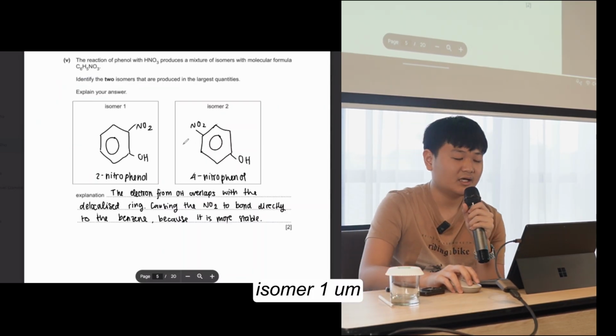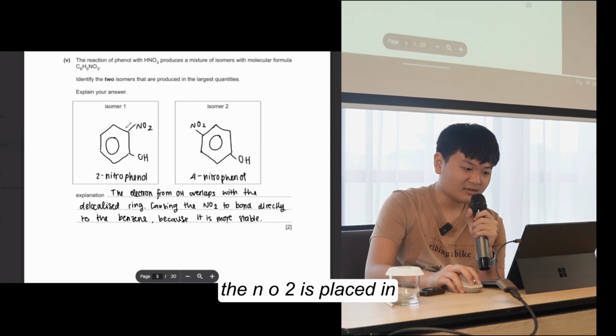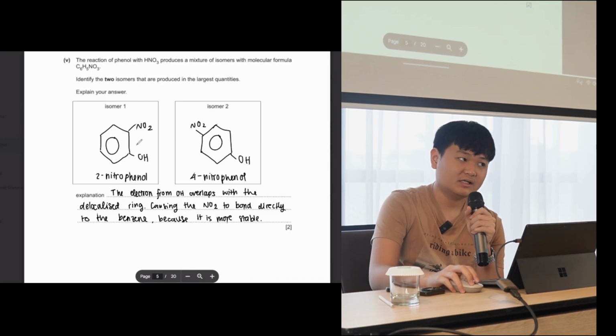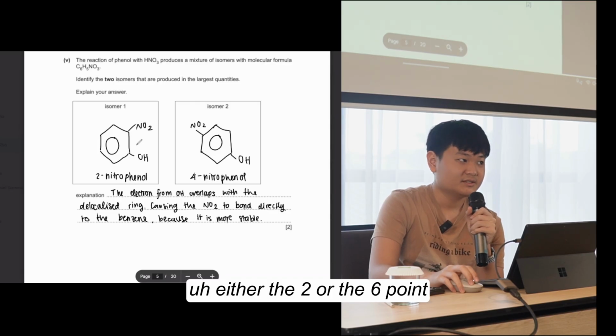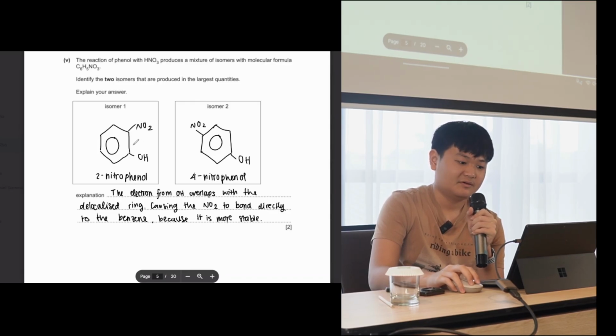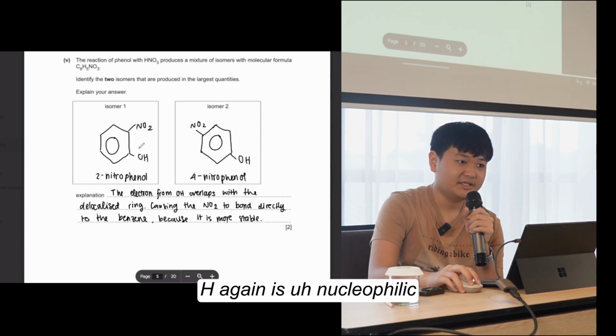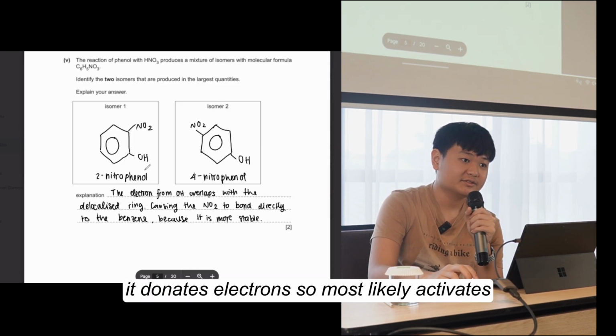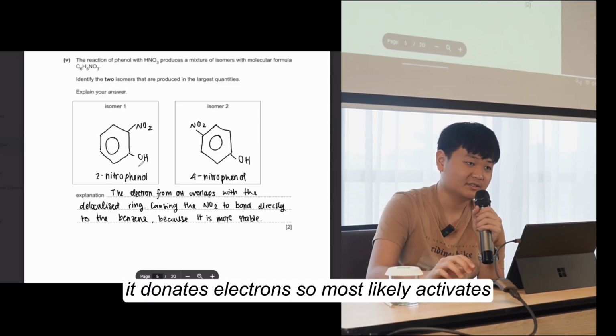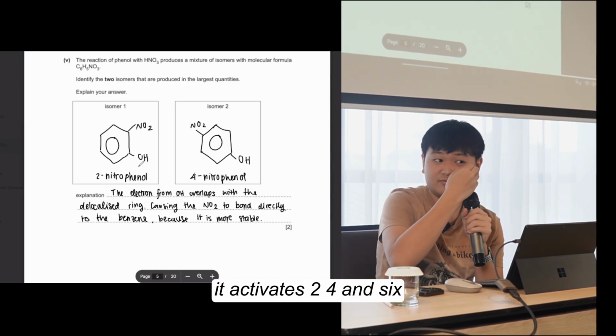Isomer 1, the NO2 is placed in either the 2 or the 6 point of the benzene ring, because OH again donates electrons, so it activates 2, 4, and 6.